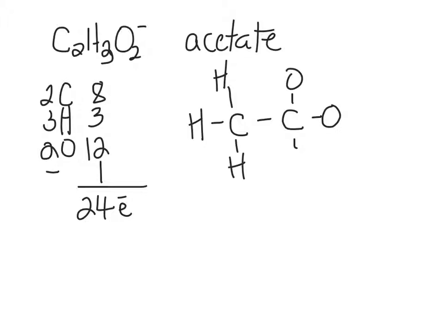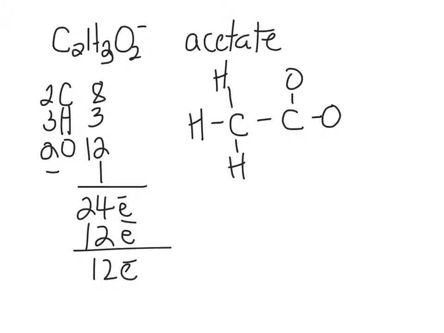So we know that we don't have this 3rd bond. So we've placed 2, 4, 6, 8, 10, 12 electrons. So that leaves us with another 12. So 12 electrons in the bonds leaves 12.